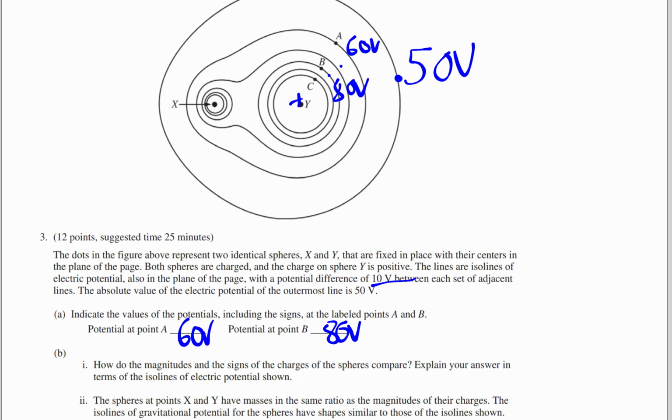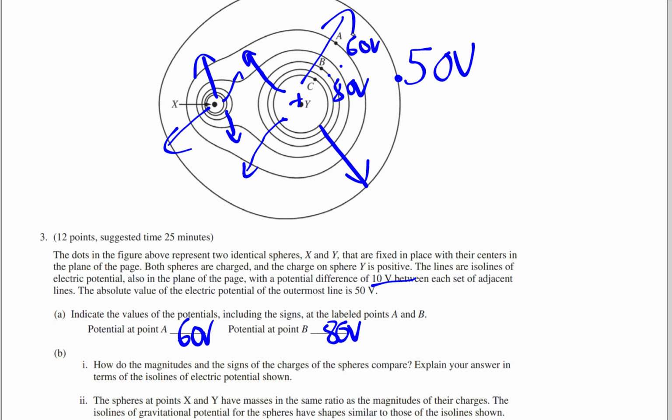So we can kind of see we get shapes like that going there, and then you go like that. It looks to me like they're both going to have the same charge, and since Y is positive, X also is positive.